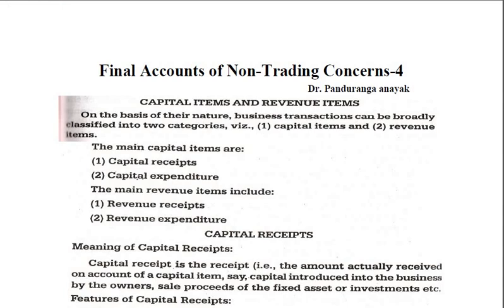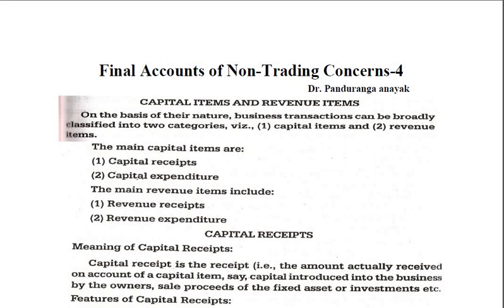Today I am interacting with you on the topic Final Accounts of Non-Trading Concern, video number 4. At the end of the previous video, I was telling you the importance of differentiating between capital items and revenue items.